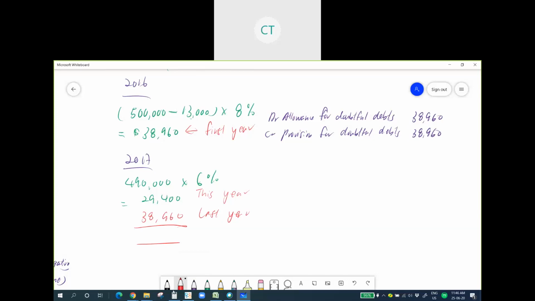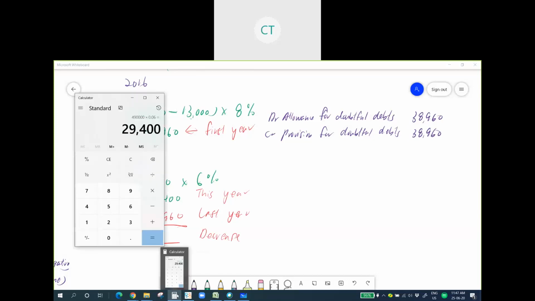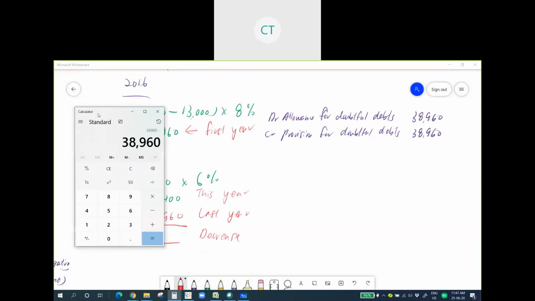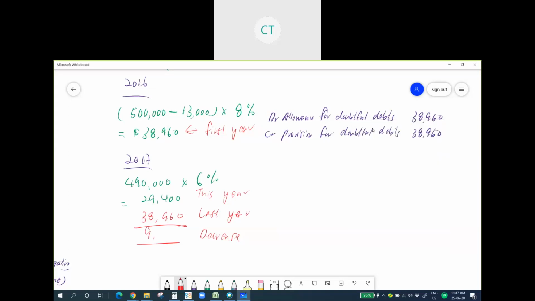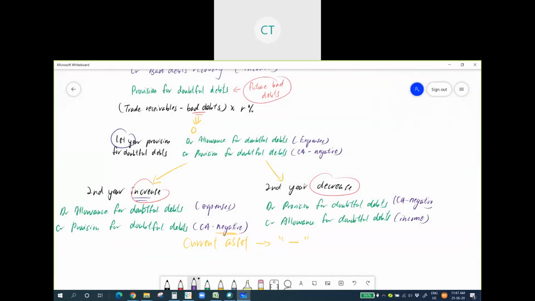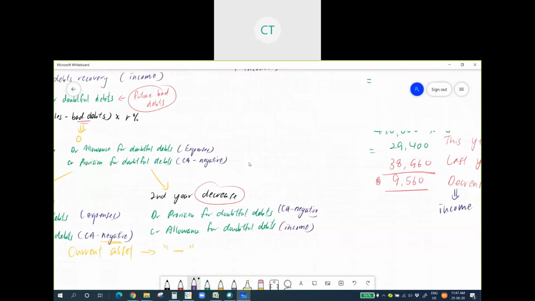Decreased by how much? We use 38,960 minus 29,400. Yes, decreased by 9,560. If our provision for doubtful debt decreases, this is an income for the company. You can look at the comparison here. Second year decrease. So this is the double entry.